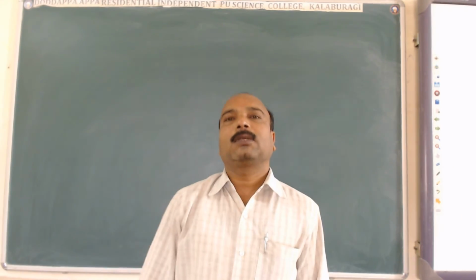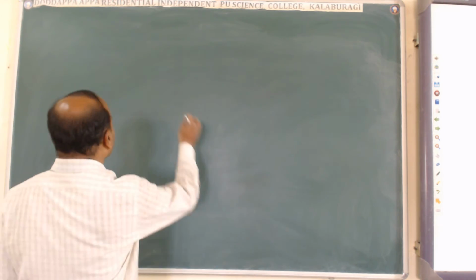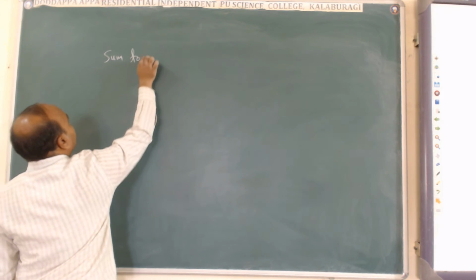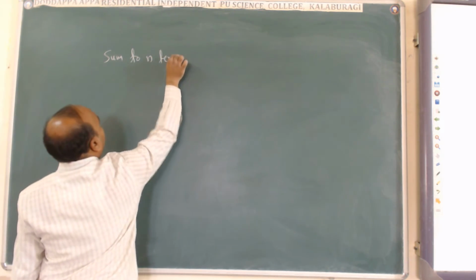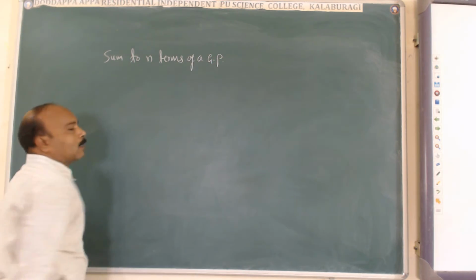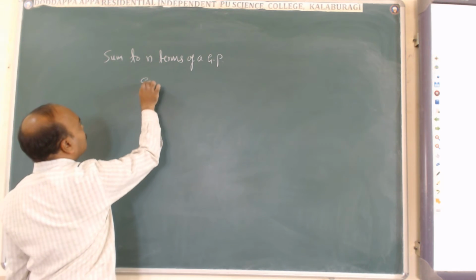Now we discuss the sum to n terms of a geometric progression. The sum to n terms of a GP is denoted Sn.